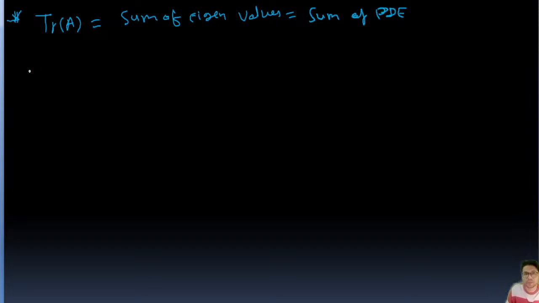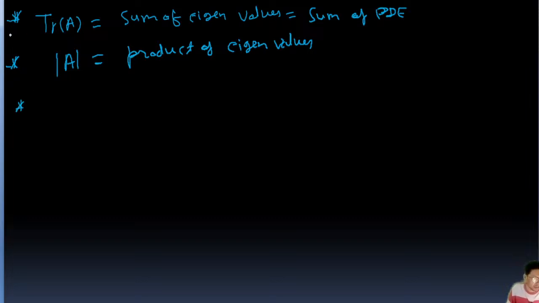The second property is that the determinant of A is the product of eigenvalues. Next is that the eigenvalues of matrix A equal the eigenvalues of the transpose of the matrix; both are equal.